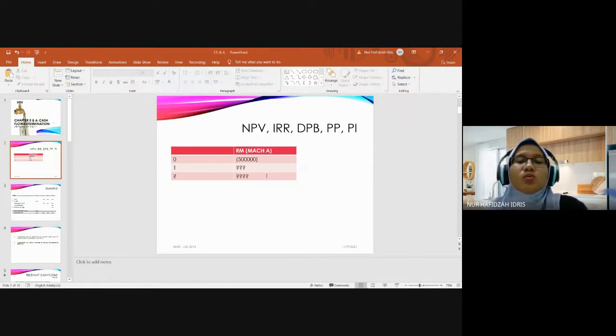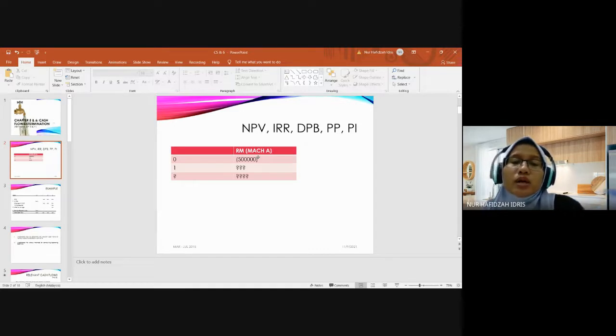What are the other costs that relate with this machine? For example, currently in your company, nobody knows how to handle this kind of machine, because this is a very new machine with new technology.